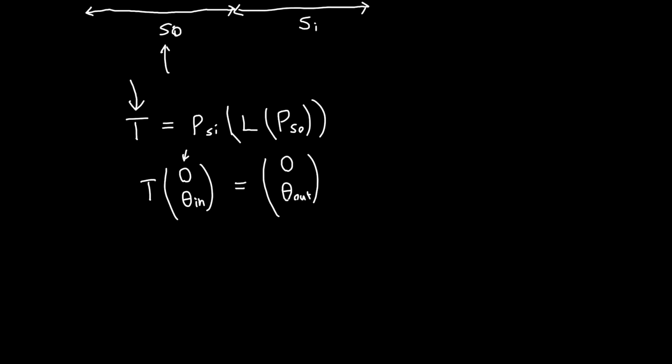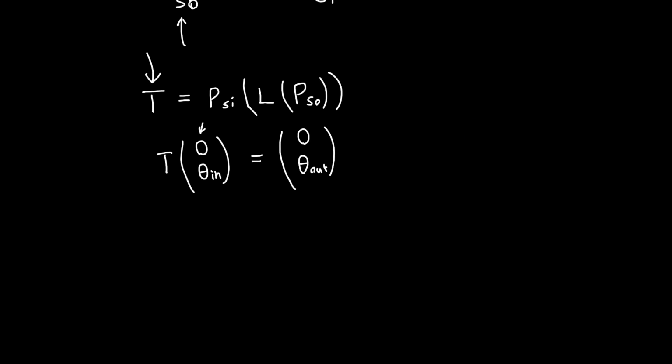Okay, now if we write the full equations for this, so this is x out, we know that 0 is in general going to be equal to, if we just write out the matrix equations, t11 times x in, which is 0, plus t12 times theta in.